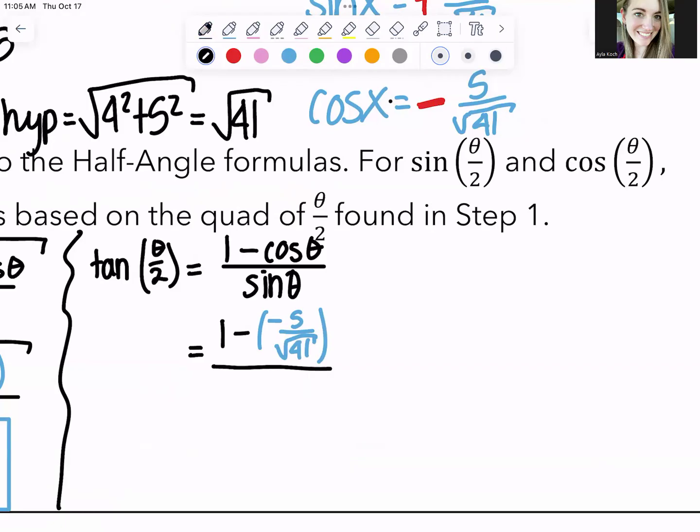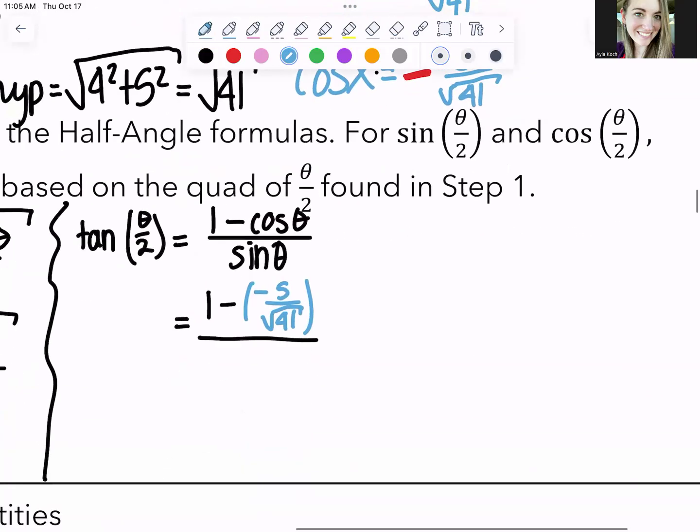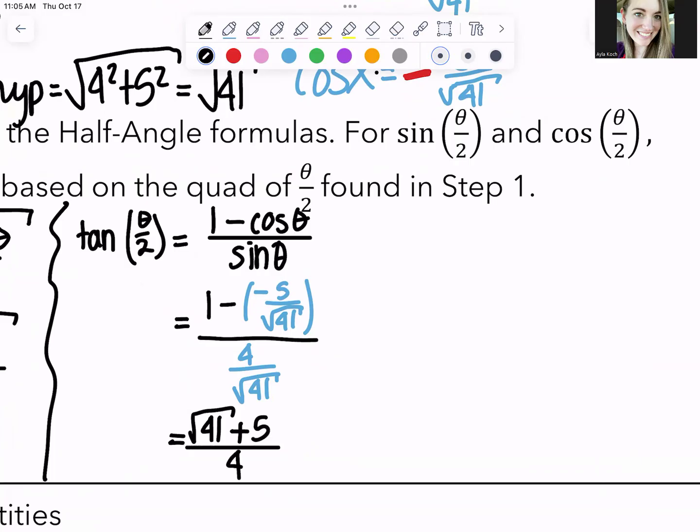And sine of theta was positive 4 over square root 41. That simplification comes in handy here as well, right? This will be square root 41 plus 5, all divided by 4. That's tangent of theta over 2.